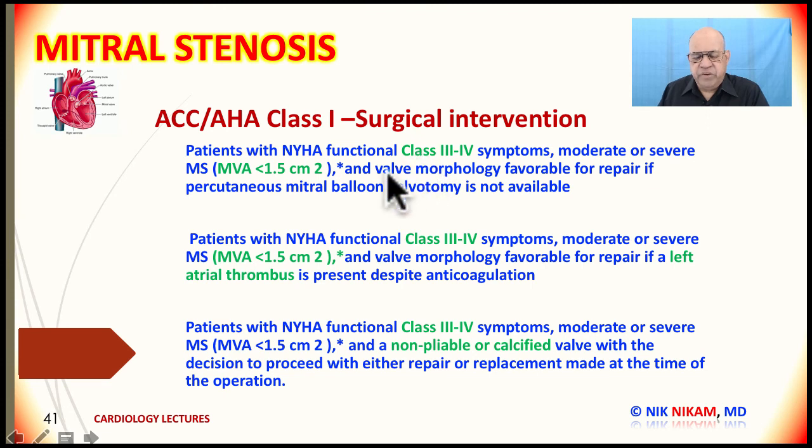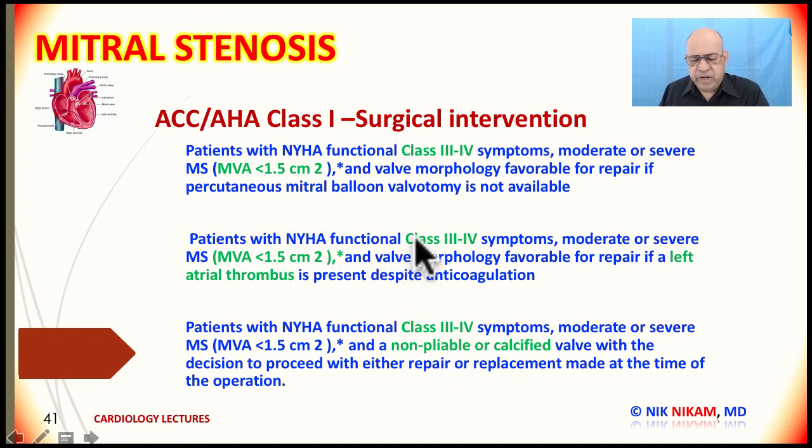If you have a patient with moderate to severe mitral stenosis, if they have class 3 or 4 symptoms, and if they are not amenable for a valvuloplasty because of heavy calcification, fibrosis, shortening of the chordae, and things like that, then we may want to consider surgical intervention.